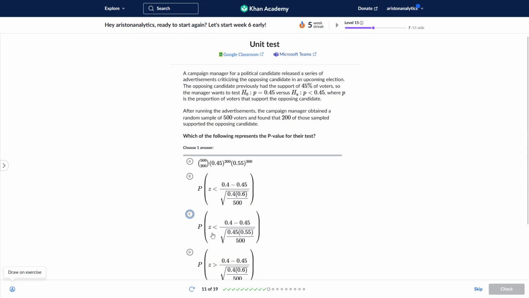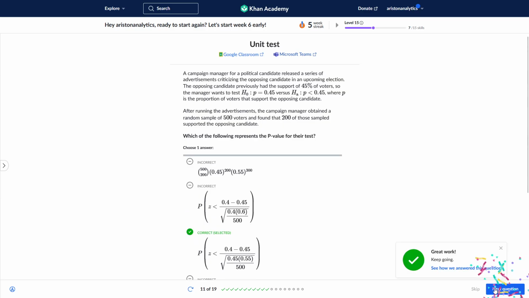No, it's saying z less than, okay, so z less than 0.45. It's this one, I'm pretty sure, because this is P naught. Yep.